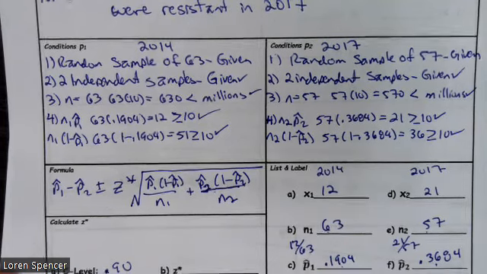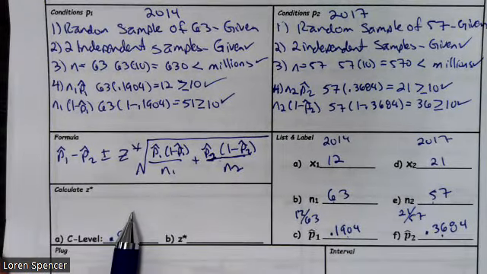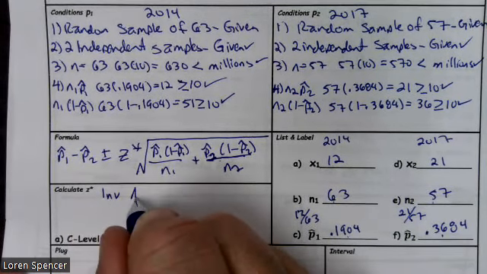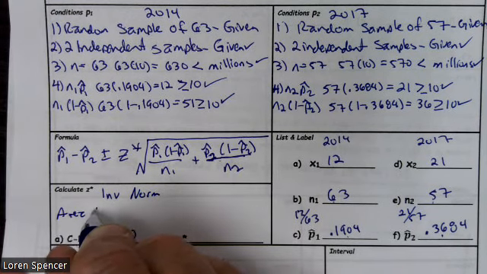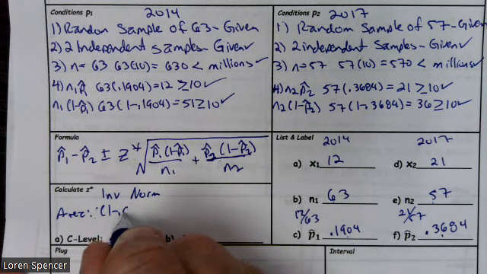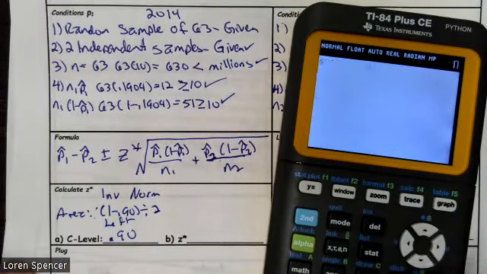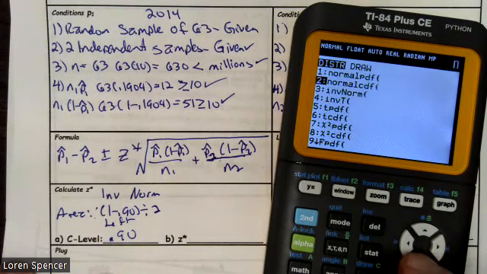All right. So next thing it asks us to do is to calculate z star. Well, z star is going to be inverse norm. Area is 1 minus 0.90 divided by 2. And we're working from the left. Second vars, inverse norm.